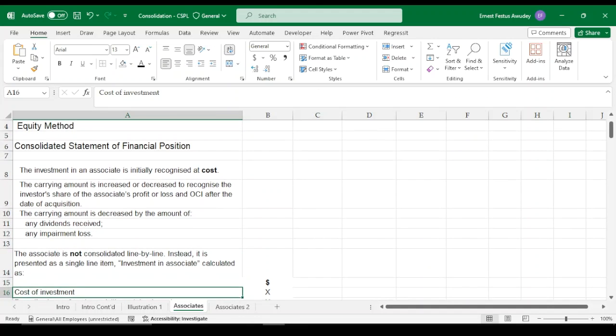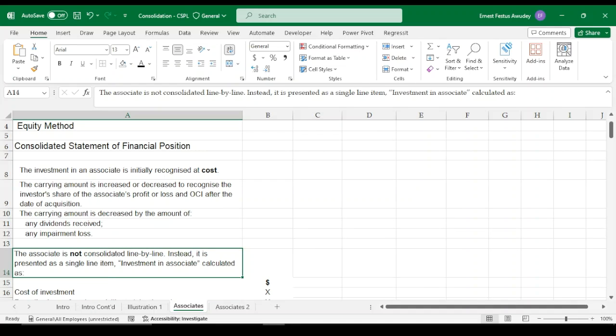All right, so what we are saying is that by the equity method, we mean that the associate is not consolidated line by line as we have in the acquisition method when there is control. Instead, the associate is presented as a single line item, that is investment in associates, in the consolidated statement of financial position.